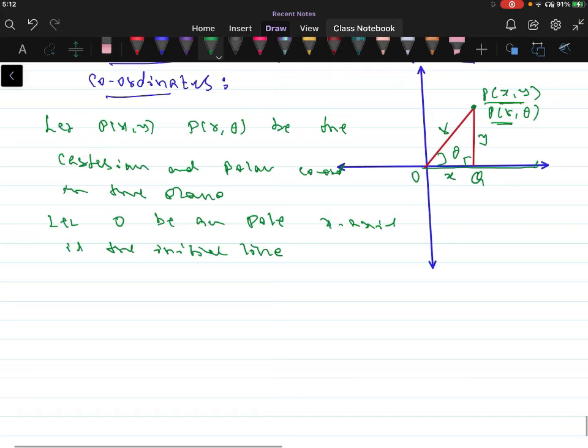Now from the figure we can observe that the length OQ is x, length PQ is y, and length OP is r. Angle POQ is theta, and angle PQO is 90 degrees.